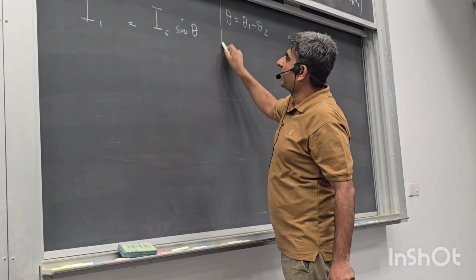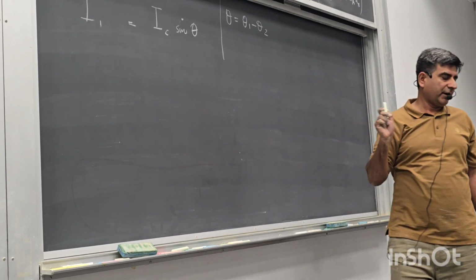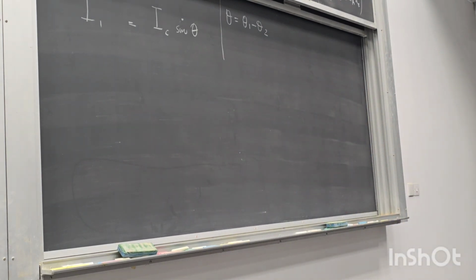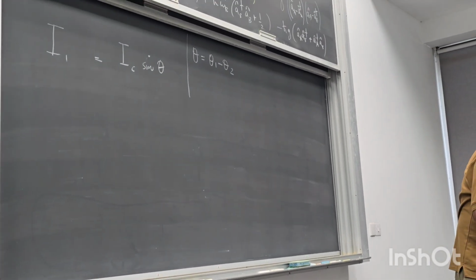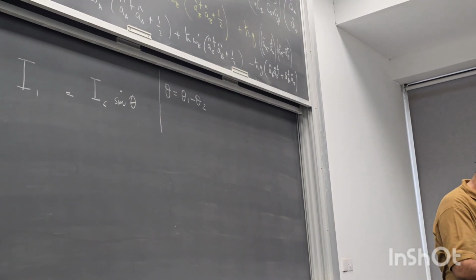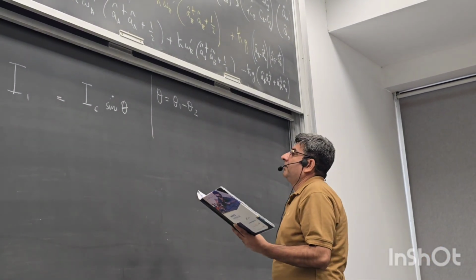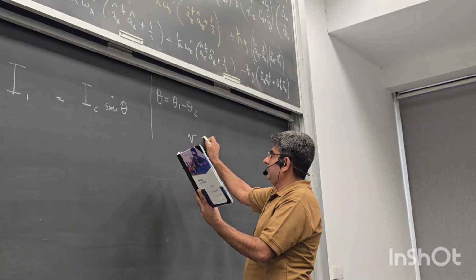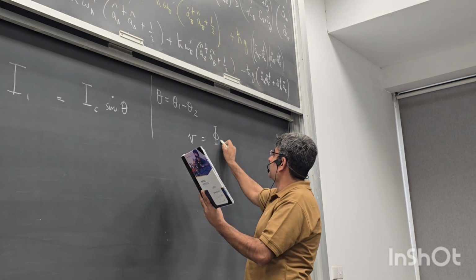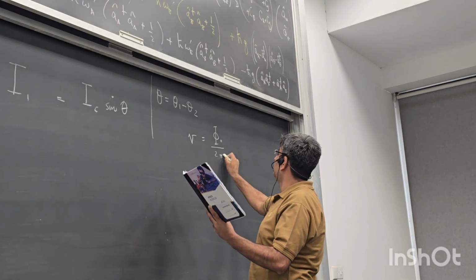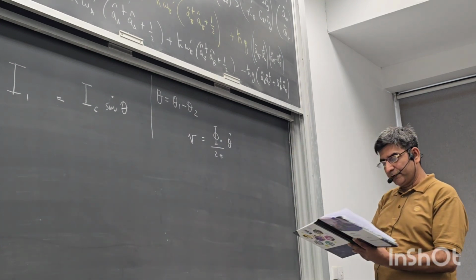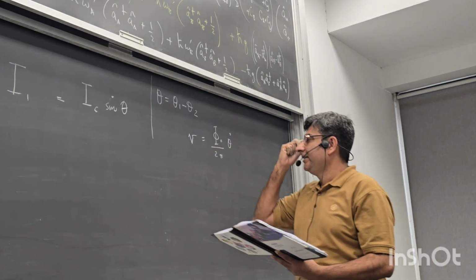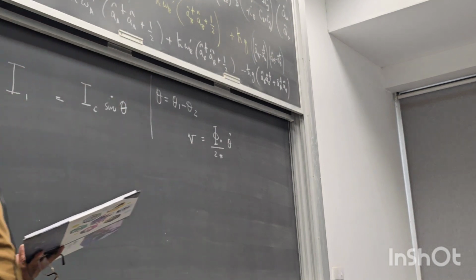Now, I'll give you my handwritten notes on how to derive these equations. And the second equation that I get is V equals phi naught, which is the fluxon, over 2 pi times theta dot. So these are the two equations that I finally get. Okay. These are called the DC-Josephson equations.